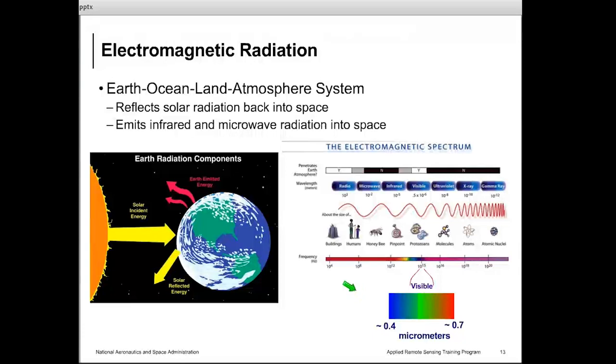If you look at this spectrum, it is very wide, and visible is just one tiny part of it, which humans can see through the eyes. As you go towards ultraviolet, X-ray, and gamma rays, the wavelength decreases, and as you move from the visible toward infrared, microwave, and radio waves, the wavelength increases.